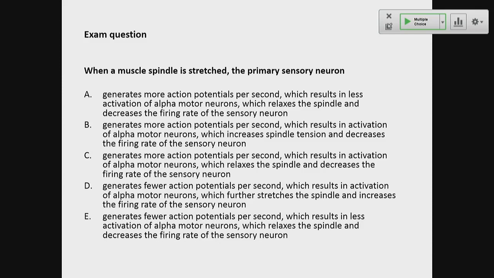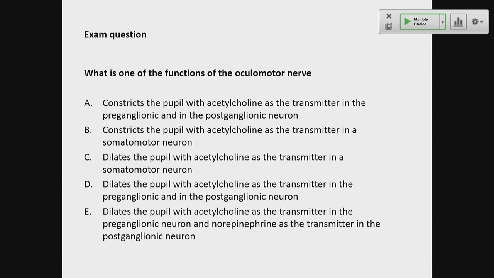So that was the first one that caused the most trouble, and this one here was the second one that caused the most trouble. The correct answer here is A, because the parasympathetic nervous system constricts the pupil, and most people who get it incorrect just put the opposite answer.